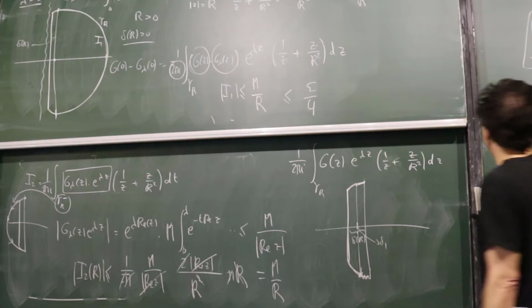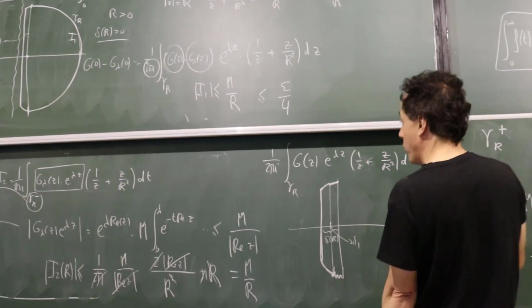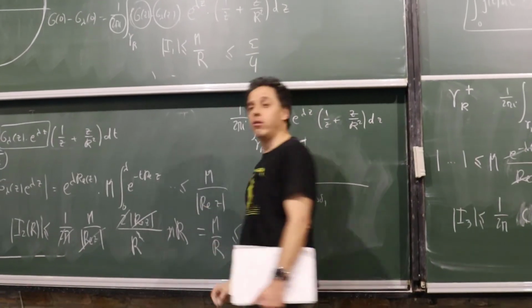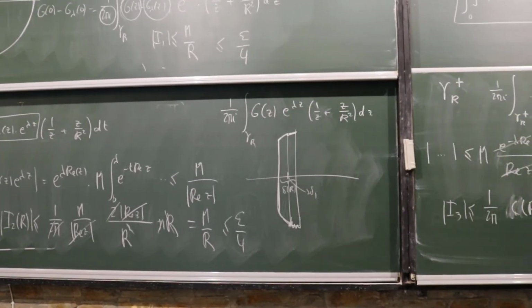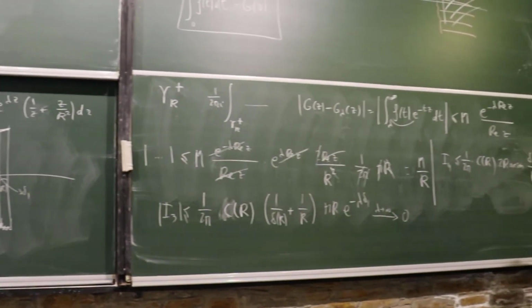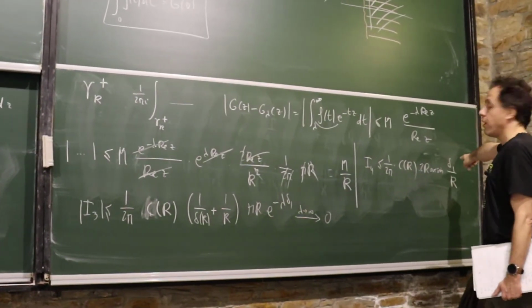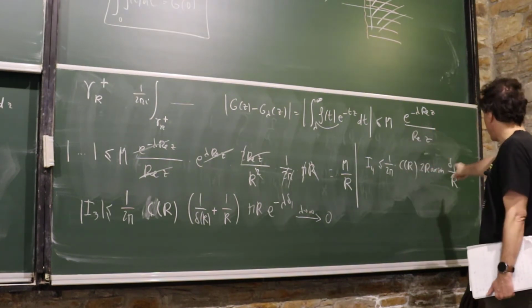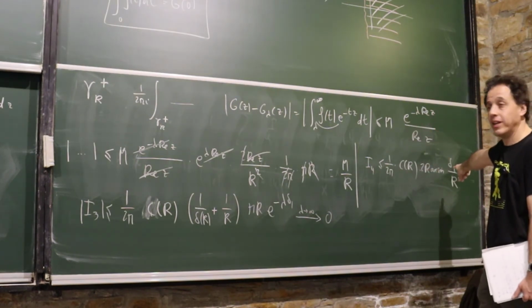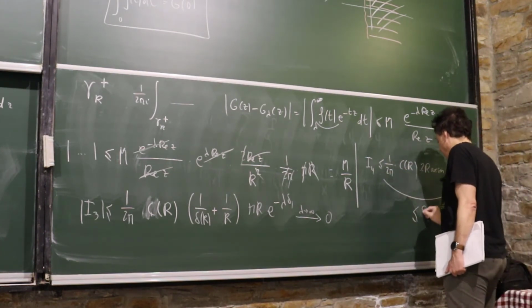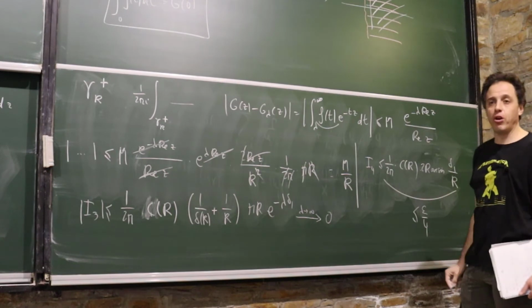The second integral, that I don't remember where it was, is also smaller than epsilon over 4. Once you have chosen this big r, you already have fixed your r. So here you can choose delta 1 such that this expression is small enough, also smaller than epsilon over 4.